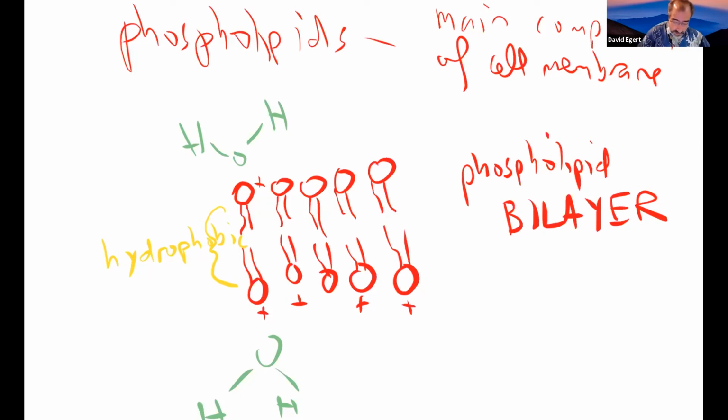The polar heads all end up facing out towards where the water is. And again, this happens just spontaneously due to hydrophilic interactions. And it happens not just in one direction. It happens in three dimensions.